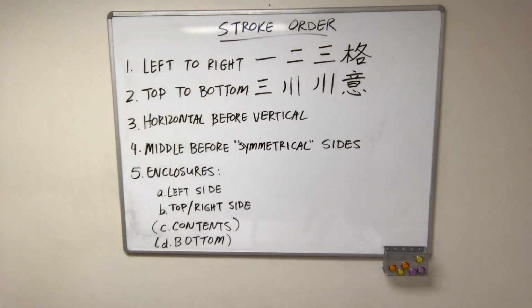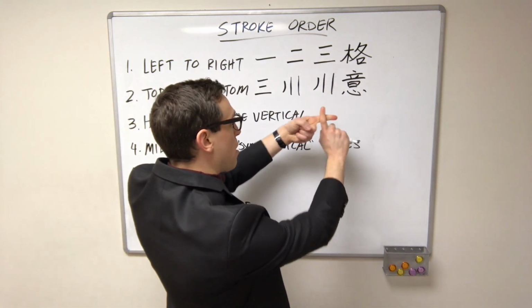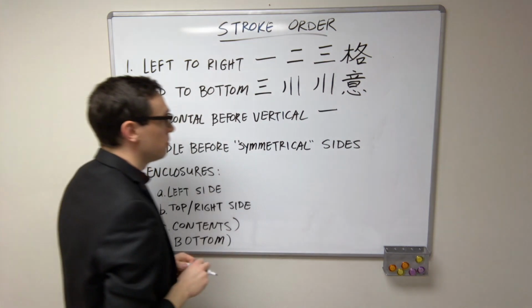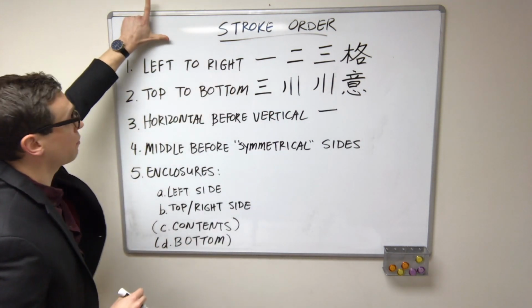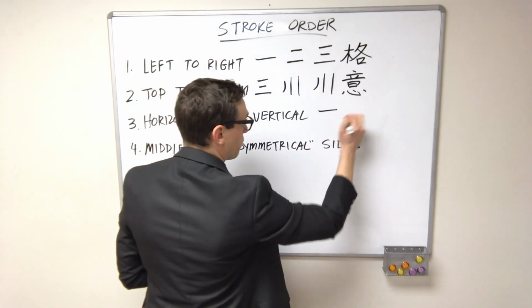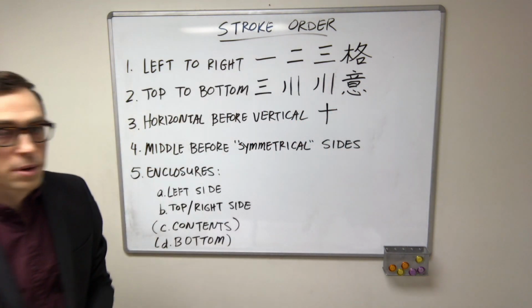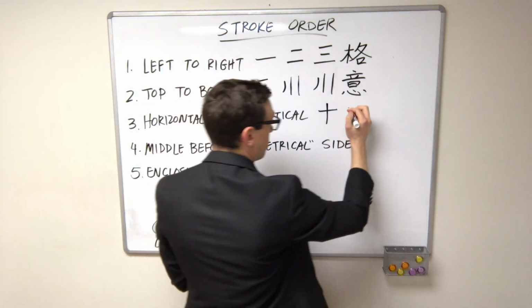Next, horizontal before vertical. Anytime you see a cross section, the horizontal line comes first. Horizontal lines, of course, are going from left to right. So there's our first stroke, then our vertical stroke, right? This is the number 10. You'll see this repeated in all kinds of characters.